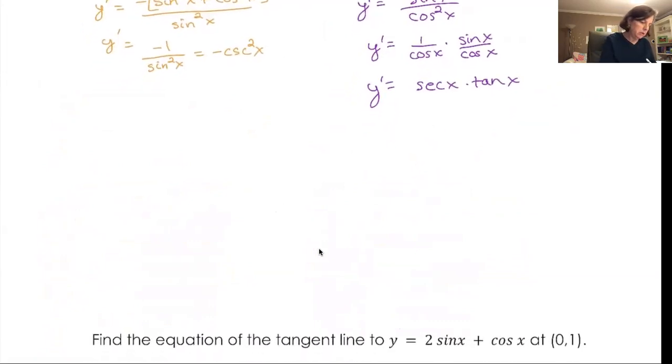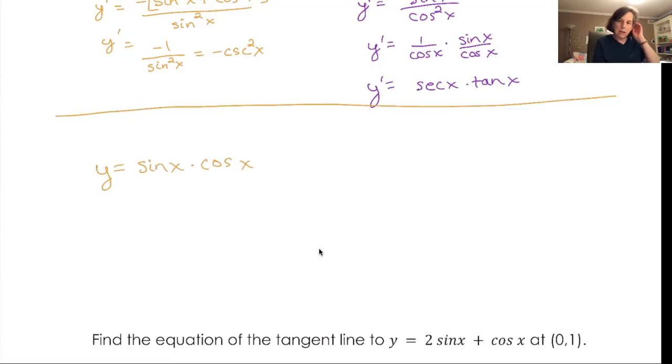All right, so let's maybe do a little example here. If you had y equals, say, sine x times cosine x, if you wanted to find that derivative, we would need to use the product rule that we learned yesterday. And the product rule says that you leave your first function, so sine, derivative of cosine is the opposite of sine.